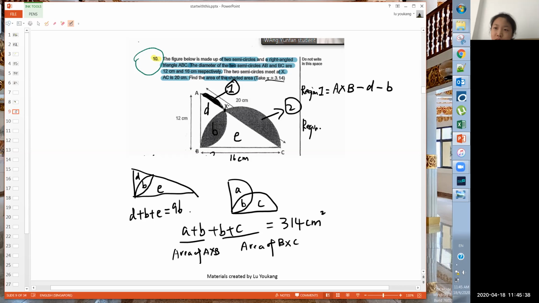So region 2 is equal to this semicircle BXC minus my B minus my E. Can you see it? Yeah.